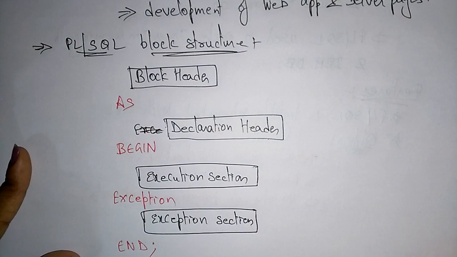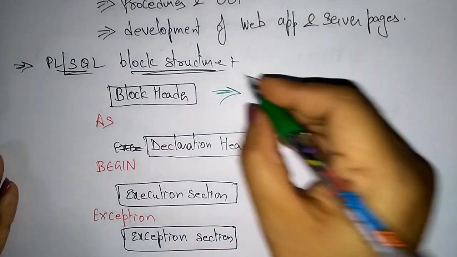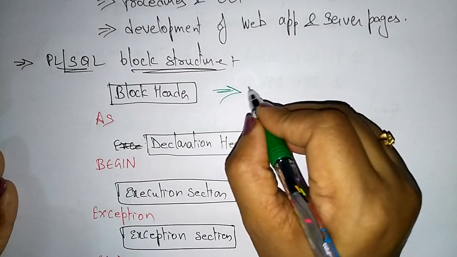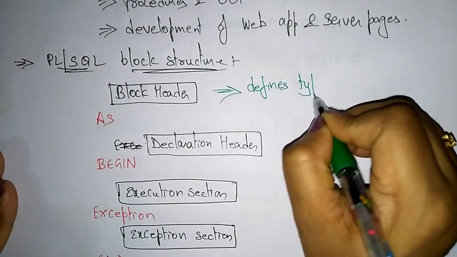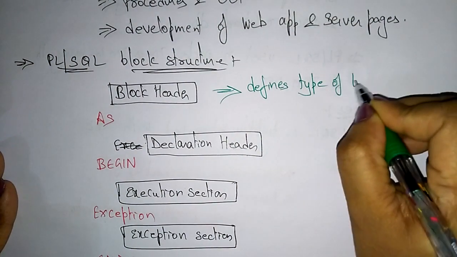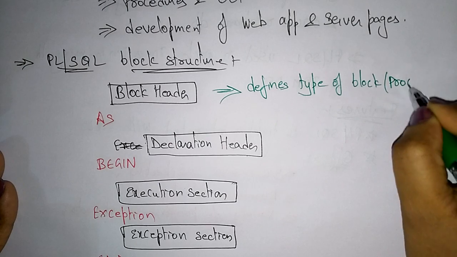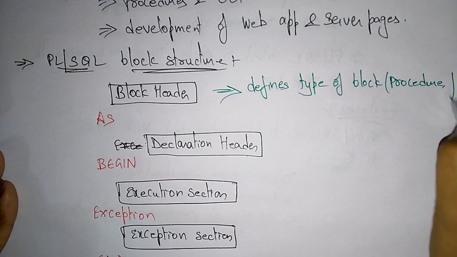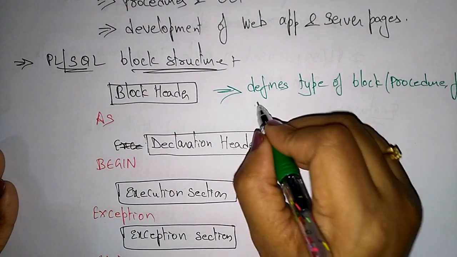Now let us see what the block header holds. The block header defines the type of block, like whether you are using a procedure or a function, and the way it is called.